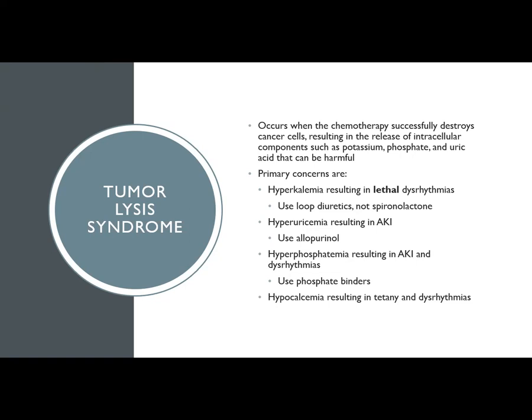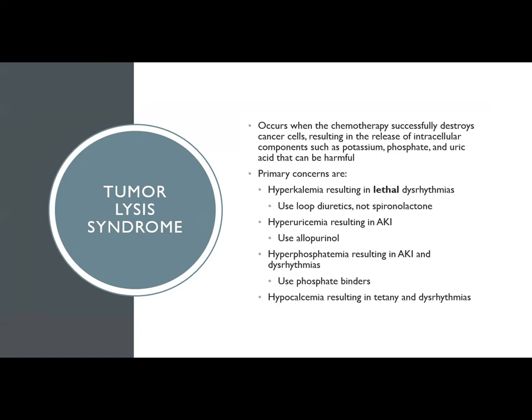So our primary concerns are hyperkalemia resulting in lethal dysrhythmias. So for that, we're going to use our loop diuretics, because if you remember, what do we lose with our loop diuretics? Potassium. So for that hyperkalemia, I'm going to use a loop diuretic. Hyperuricemia resulting in acute kidney injury, so I can use allopurinol.